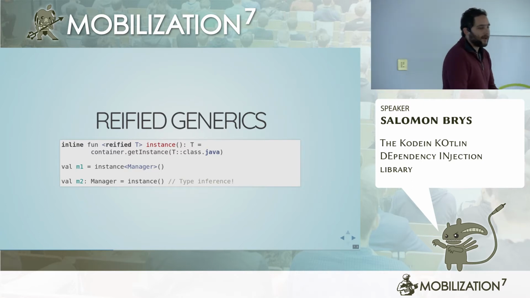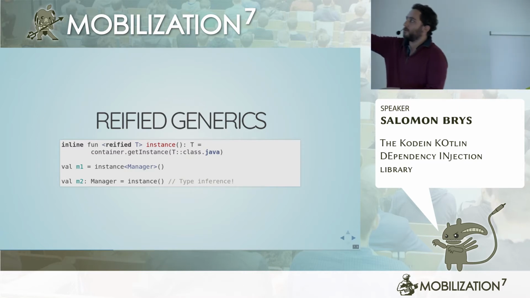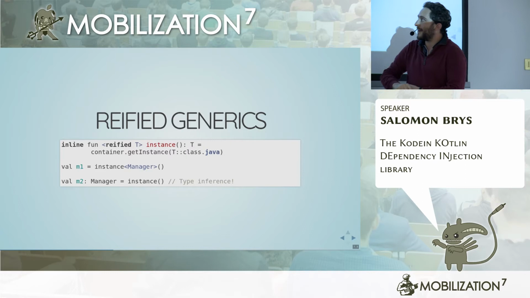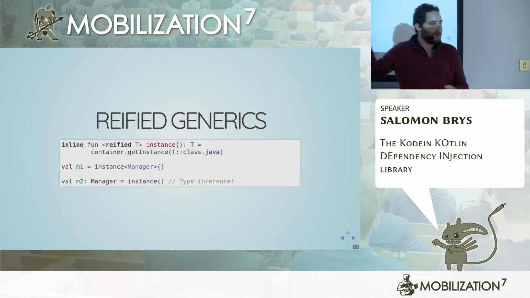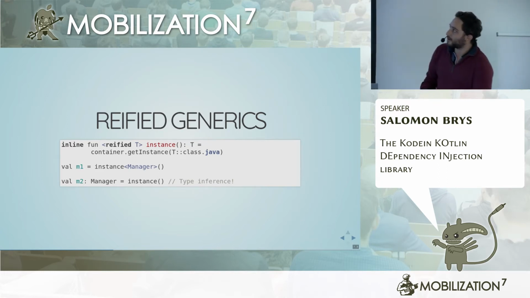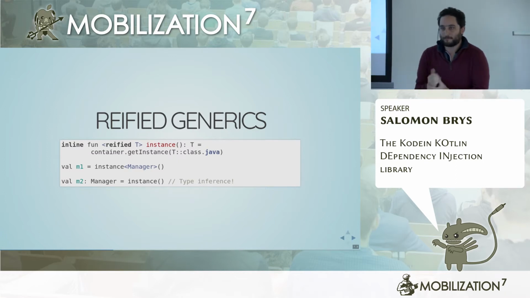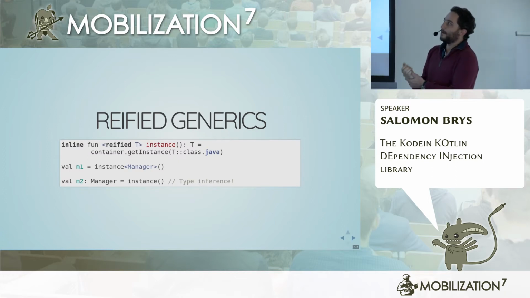So how does the compiler know which type to put instead of the T? That's called type inference. The compiler understands that because you're using the instance function, you must be wanting a manager. Thus, the T generic must be the class Manager.